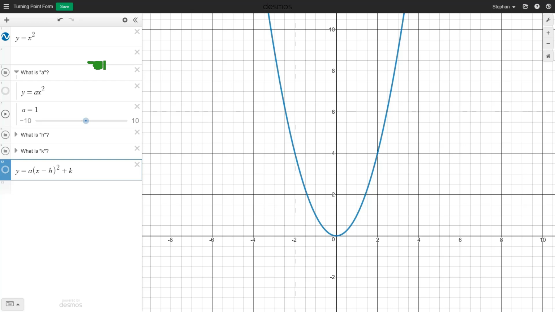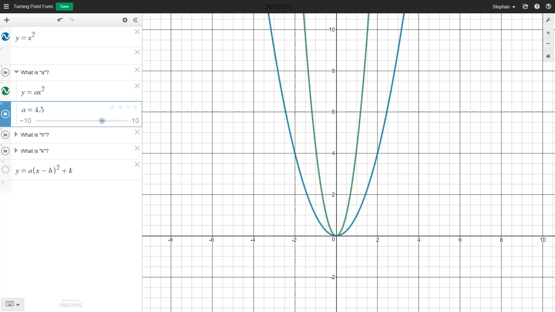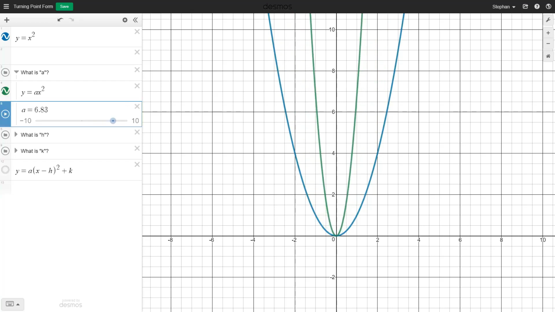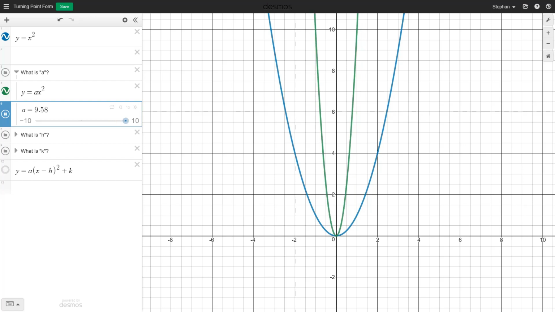And you might remember me showing you this in the last lesson. If I increase the value of A, at the moment it's 1, then you'll see it makes the graph thinner compared to the most basic one that you can have, that blue one, y equals x squared. At the moment A is 6 and a bit, nearly 7, and it gets thinner the higher that value goes.